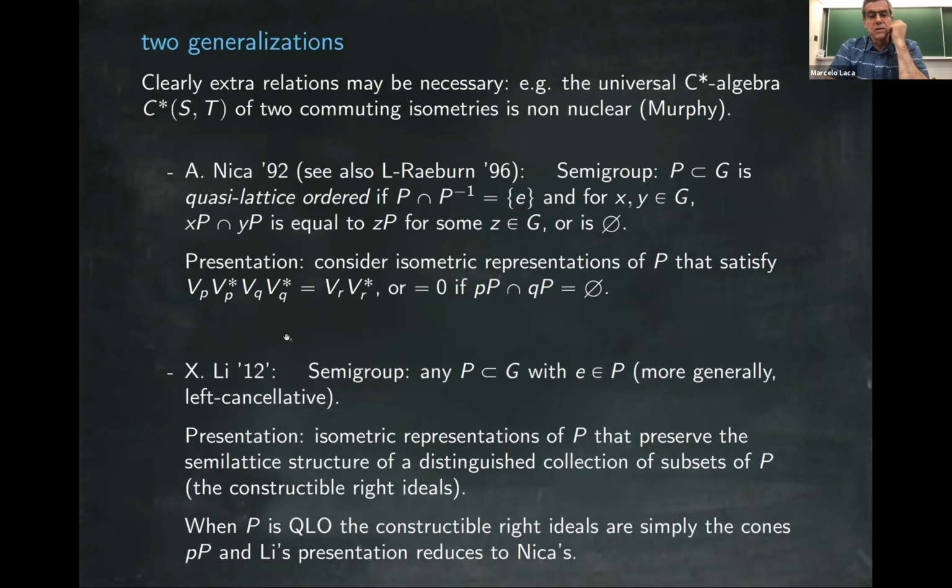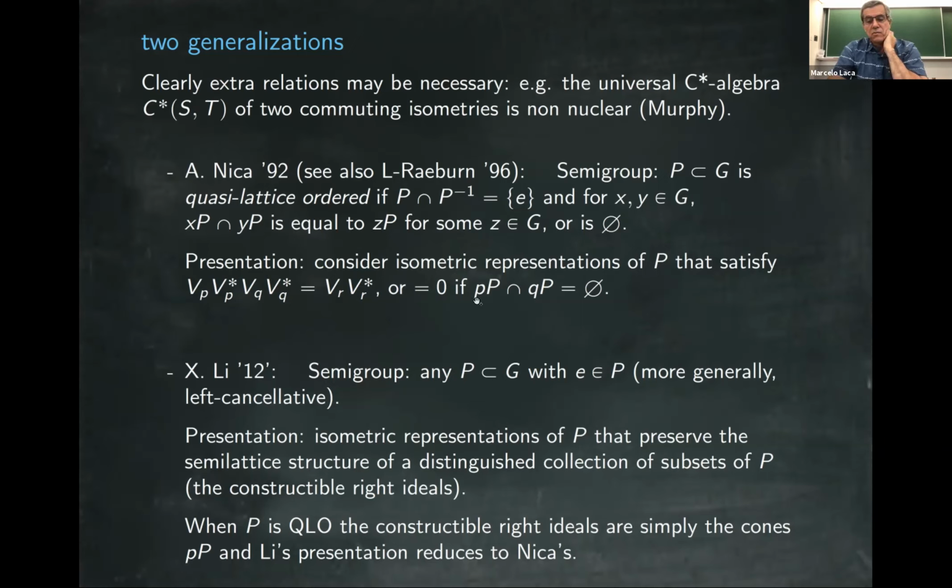And then the presentation that you want for the characterization of the left regular C-star algebra is that you only consider isometric representations that mimic this behavior. So the behavior of the cones is mimicked by the range projections. If you multiply two range projections, VP star and VQ star, you get the range projection of that corresponding Z, the supremum of P and Q, or zero.